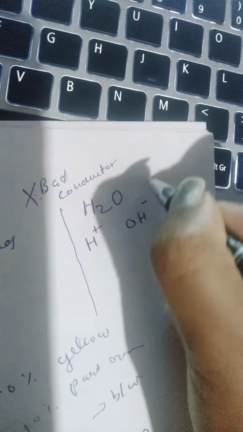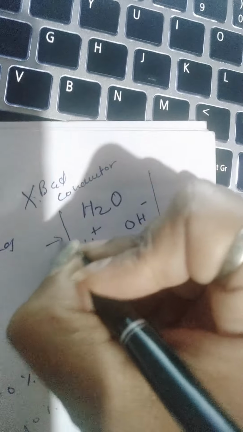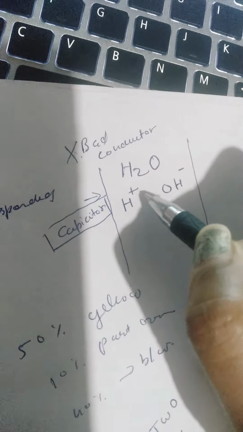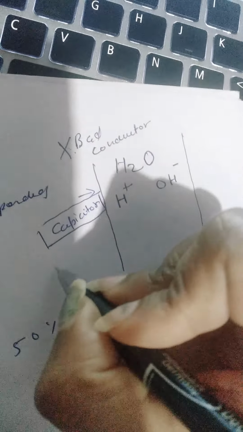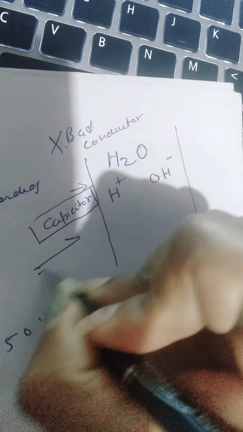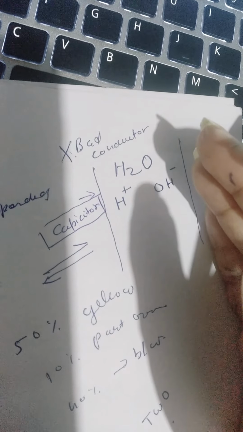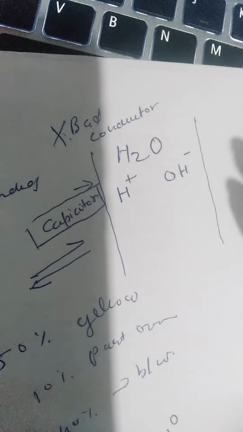If we place it in a capacitor, an example of dielectric material, then instead of current flowing, it doesn't move from one place to another, meaning current is not passing.